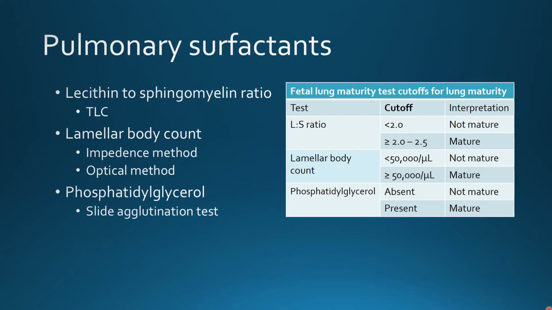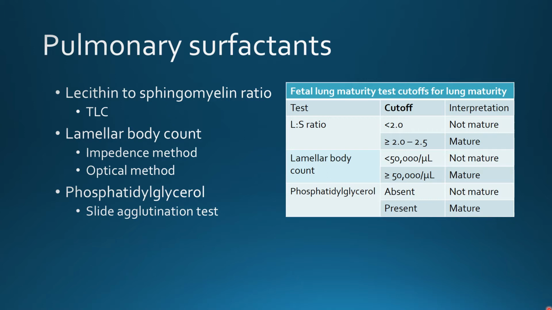The good thing about that is we can actually type in the size range and include it on an automated cell counter, which allows you to quantify the number of lamellar bodies. You can also use impedance or optical methods to do that. These are phospholipids, so you'll start to see some changes in the way the light moves.